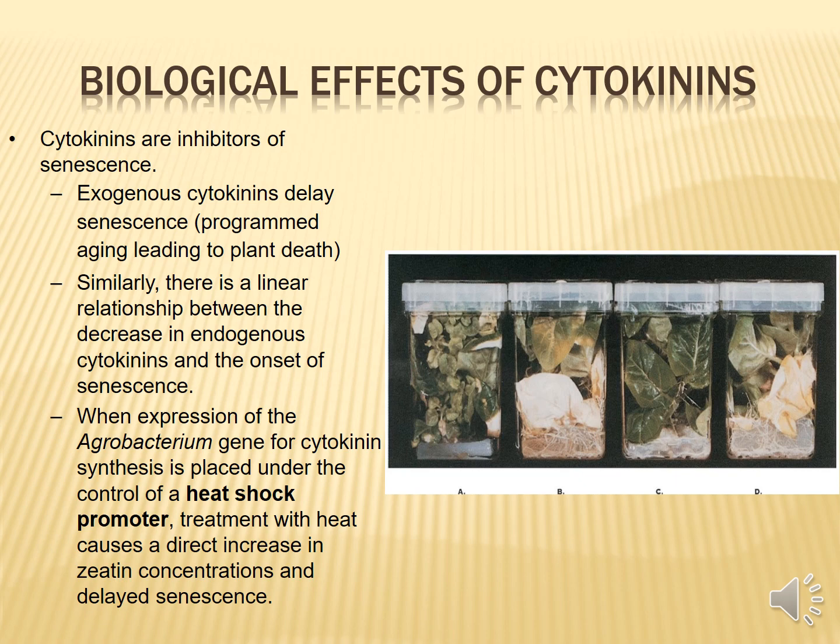Senescence means, if you look at your plant, when your plant is aging, it will drop all its leaves, or the leaves become brown to black in color. So they are able to delay that process if they have a high concentration of the cytokinin hormone.